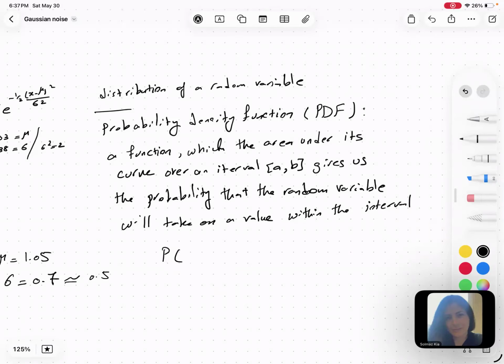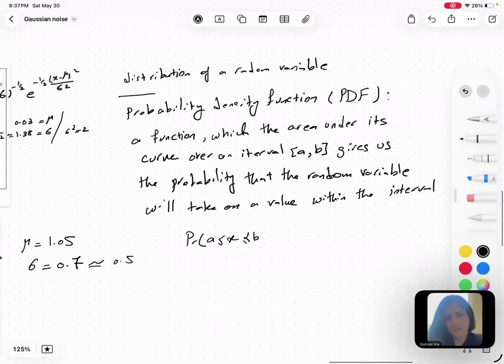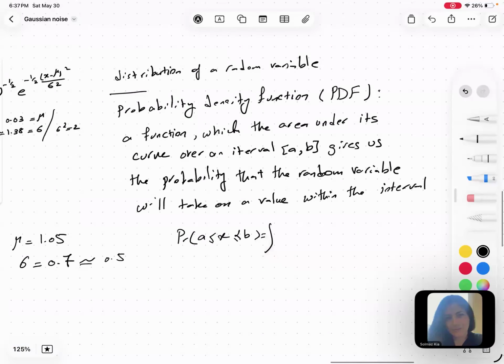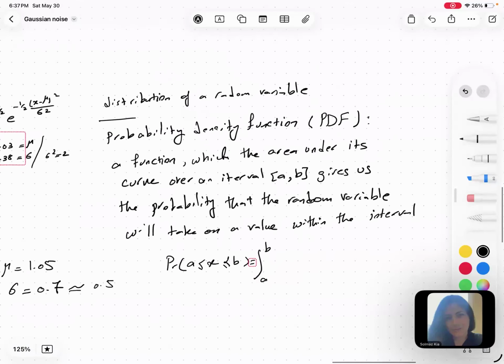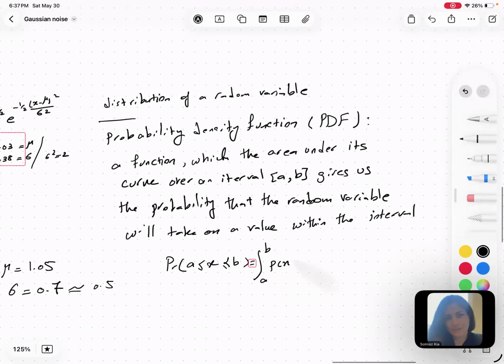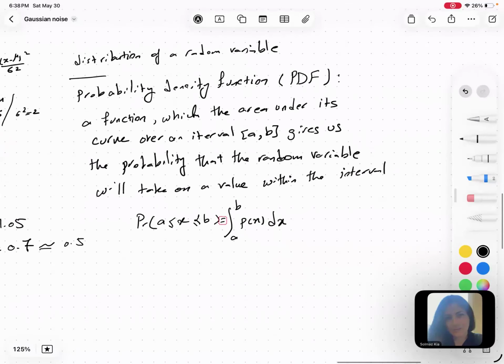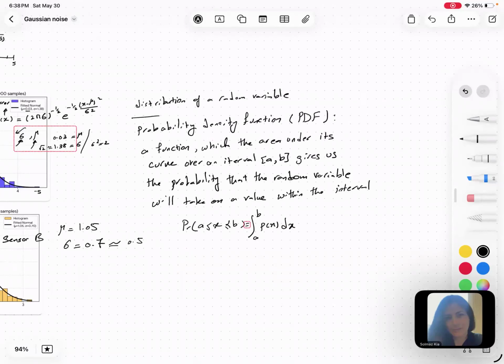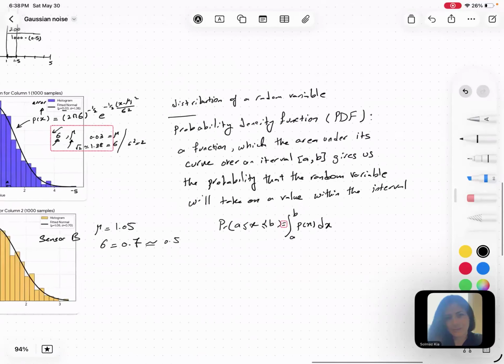So basically, the probability of reading our error, which we denote, let's say, with x, between a value 1 and 1.5, or a and b could be any range, is the integral of this PDF function, the distribution function that we have, in that range. So we're not going to work specifically with density functions, but it's good to have an idea about them.